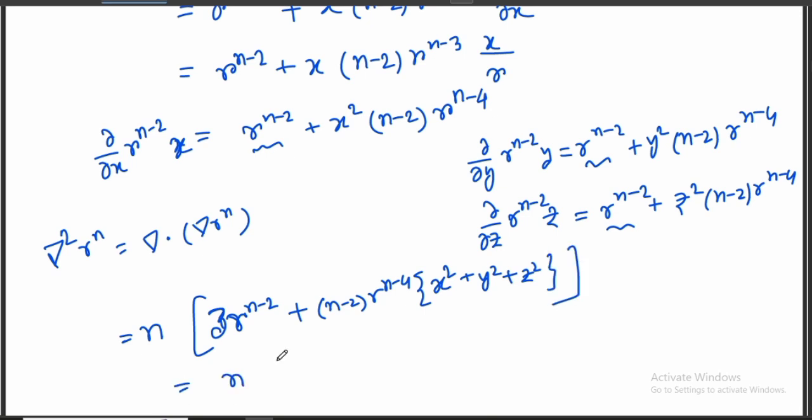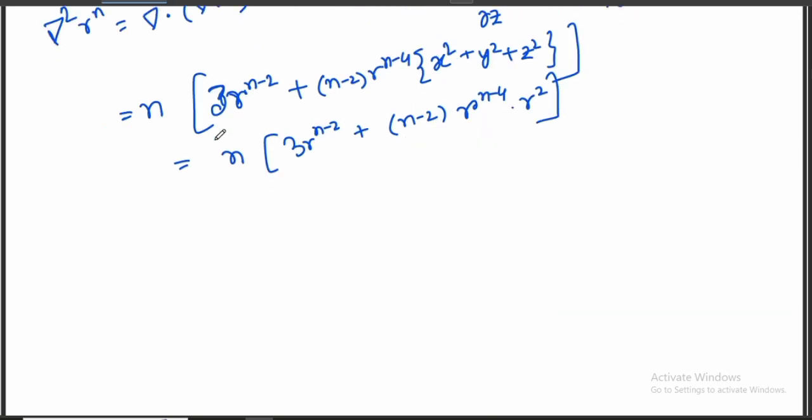In the next step, n times 3 r to the power n minus 2 plus n minus 2 r to the power n minus 4, and this x square plus y square plus z square is nothing but r square. In the next step, n times 3 r to the power n minus 2 plus r square times r to the power n minus 4 is r to the power n minus 4 plus 2, that is r to the power n minus 2.